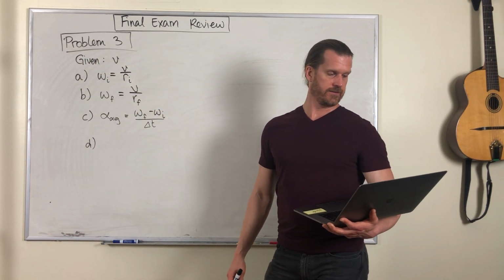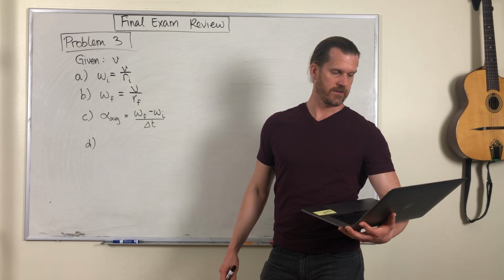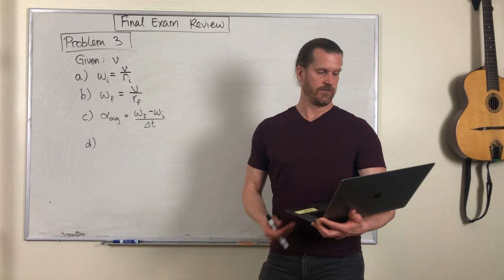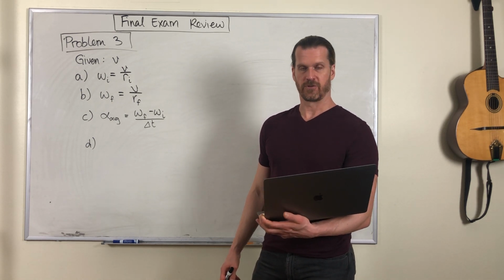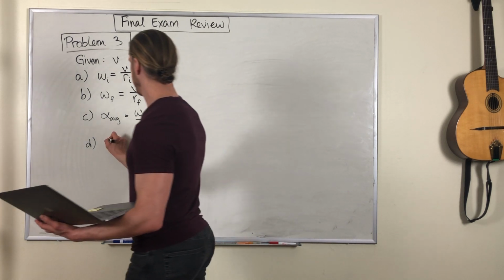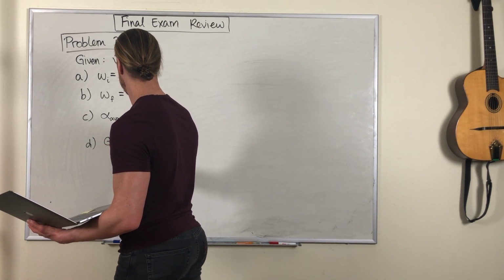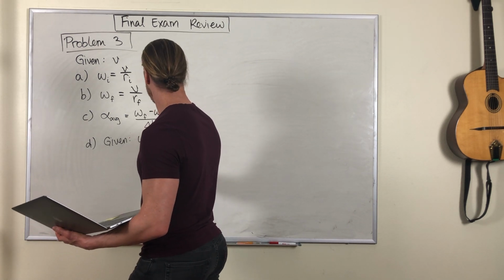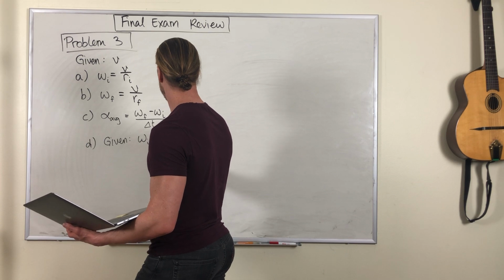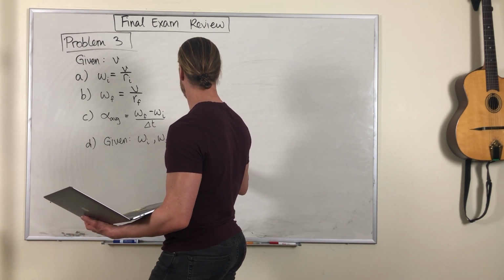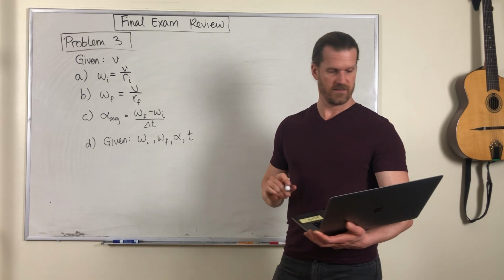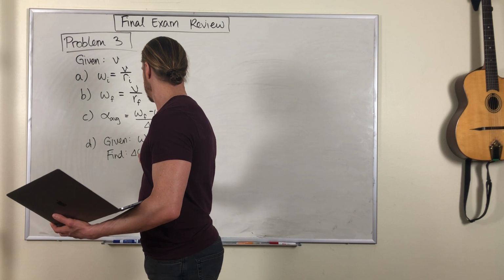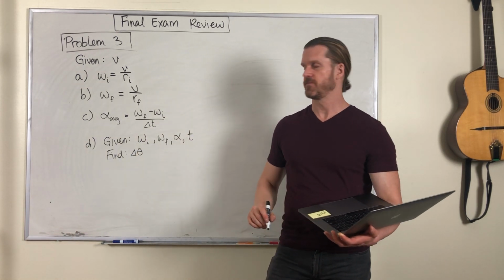Assuming that the angular acceleration is constant, find the total angular displacement of the disc as it plays. So this is a good kinematics problem. So I'll write down our trusty problem-solving process. We know omega initial, we know omega final, we know alpha, we know t, and we want to find the angular displacement, delta theta.